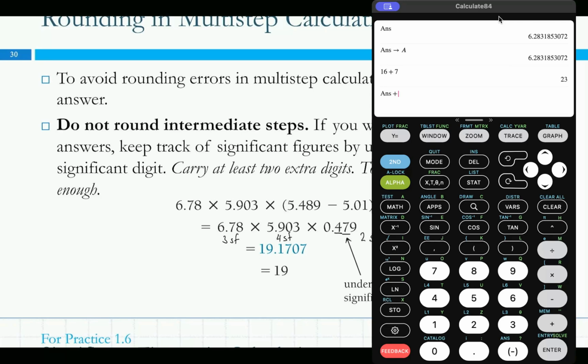Now I want to do 23 plus my answer that I saved as A. So I just hit alpha, hit A, hit enter. And that'll stay in there until your battery dies or you clear it, or replace it with something else, right? So use your calculator. It's got some great stuff that it can do.